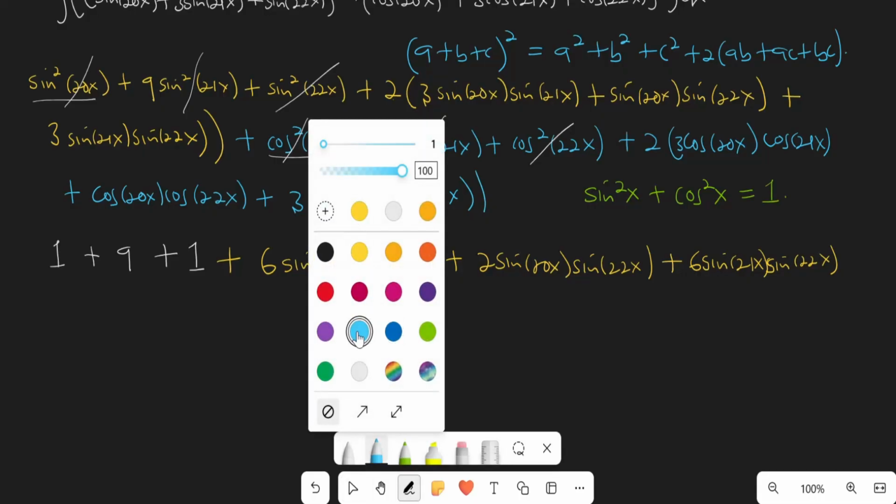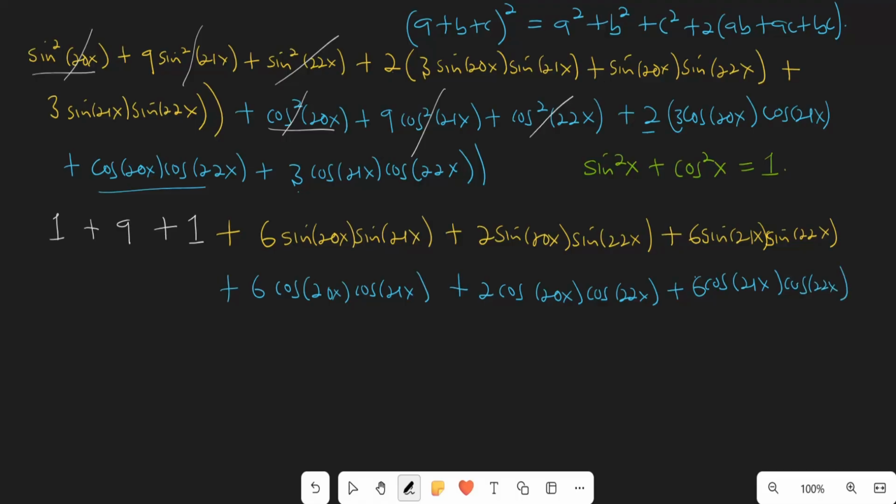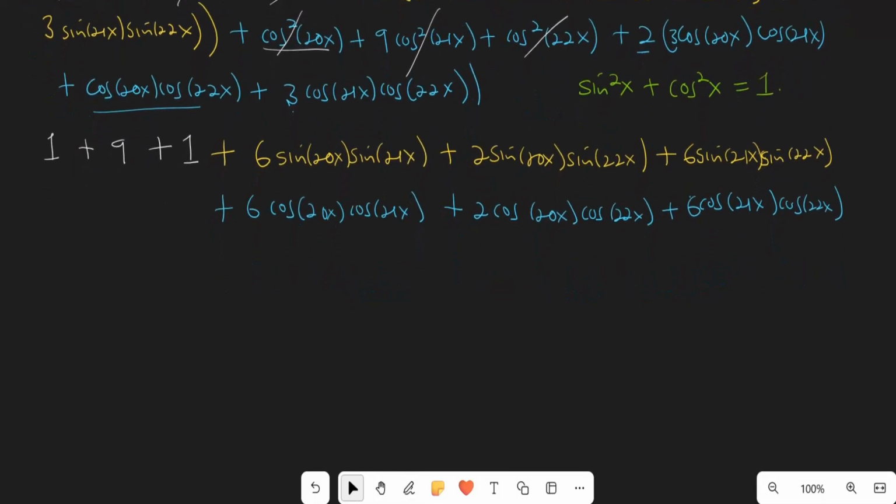That is going to be 2 times this guy, plus 6 cosine of 20x, cosine of 21x, plus 2 times this, plus 2 cosine of 20x, cosine of 22x, plus 2 times this, plus 6 cosine of 21x, cosine of 22x. So this is our expansion.